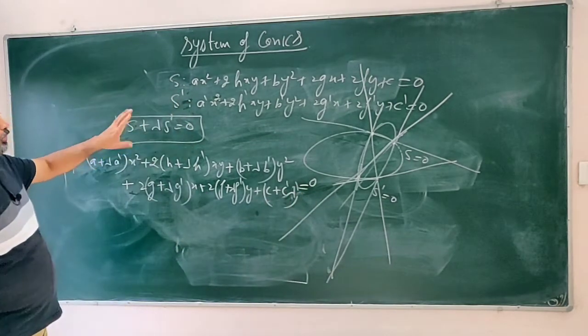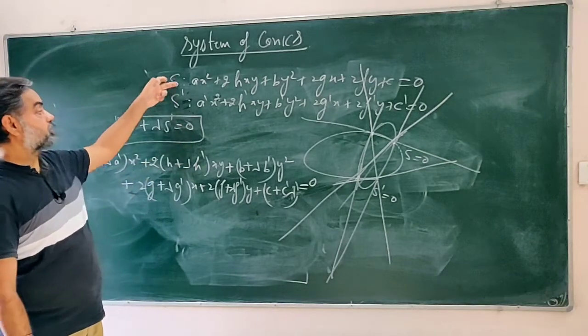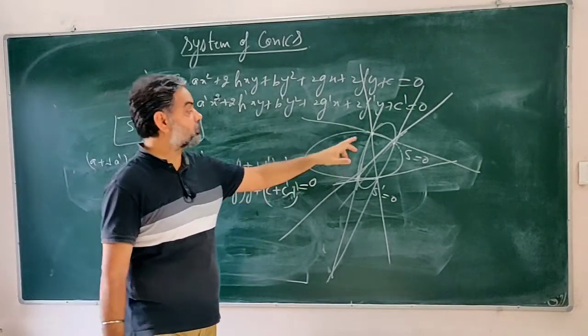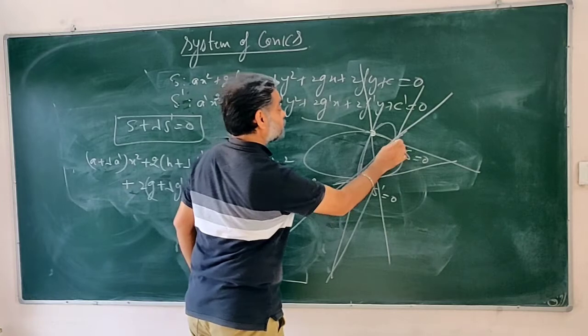So this is the equation of any conic which passes through these 4 points.